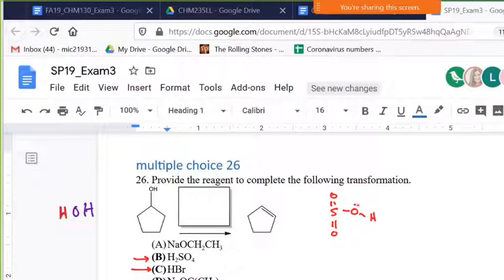So if we go through and take a look at these, for answer choice B, we would end up with that structure. For answer choice C, we would end up with Br minus. Now, what is the difference between those two?